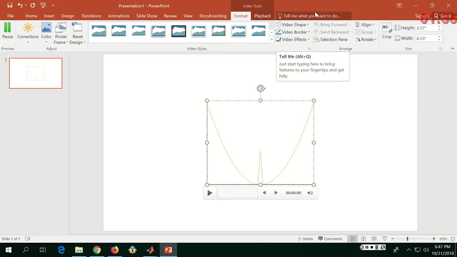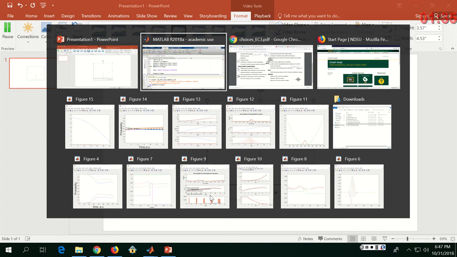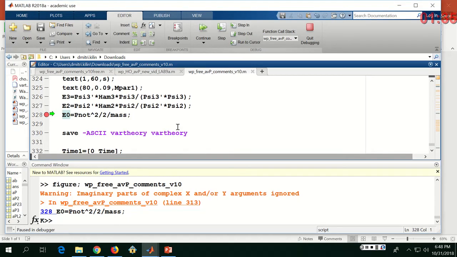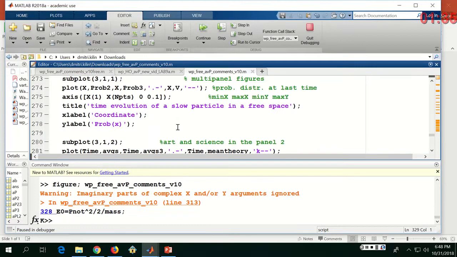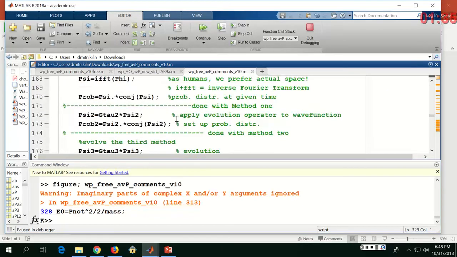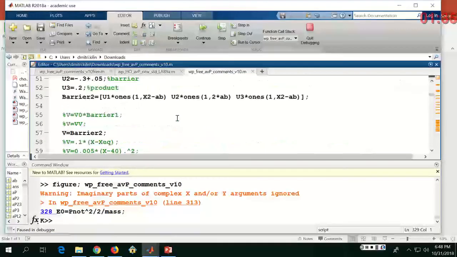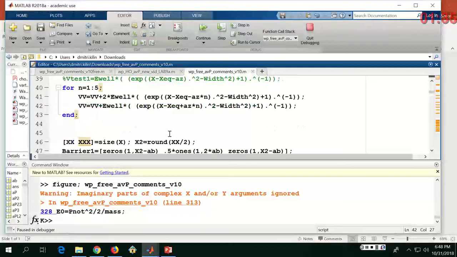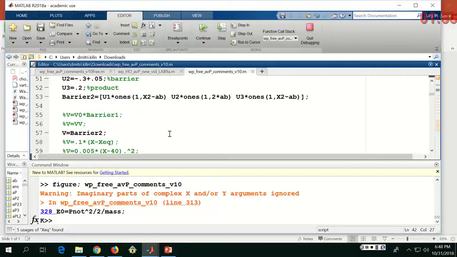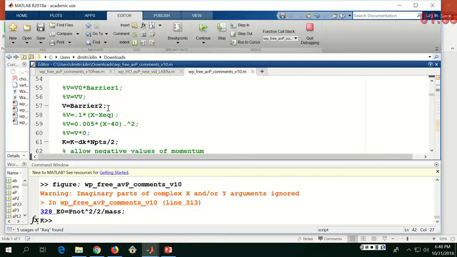Right? So if we want to practice it, we need to go to the place where we define the potential, and instead of this barrier, we can just maybe uncheck one of those.